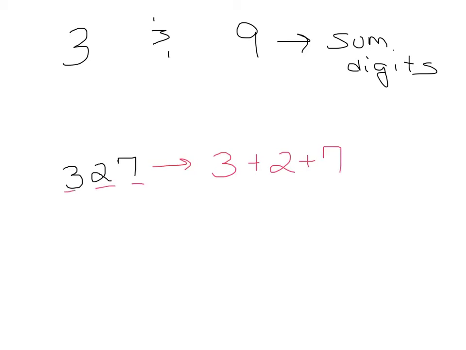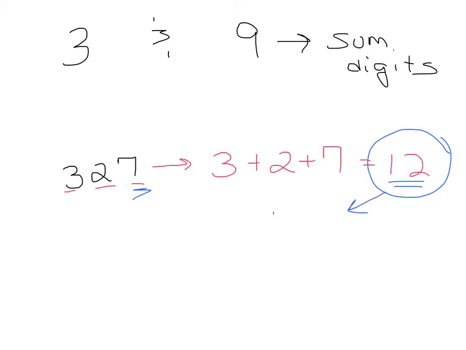So 3 plus 2 is 5, 5 plus 7 is equal to 12. It has nothing to do with the ending, nothing to do with the fact it ends in a 7. But by adding each of these digits together, I get the number 12.